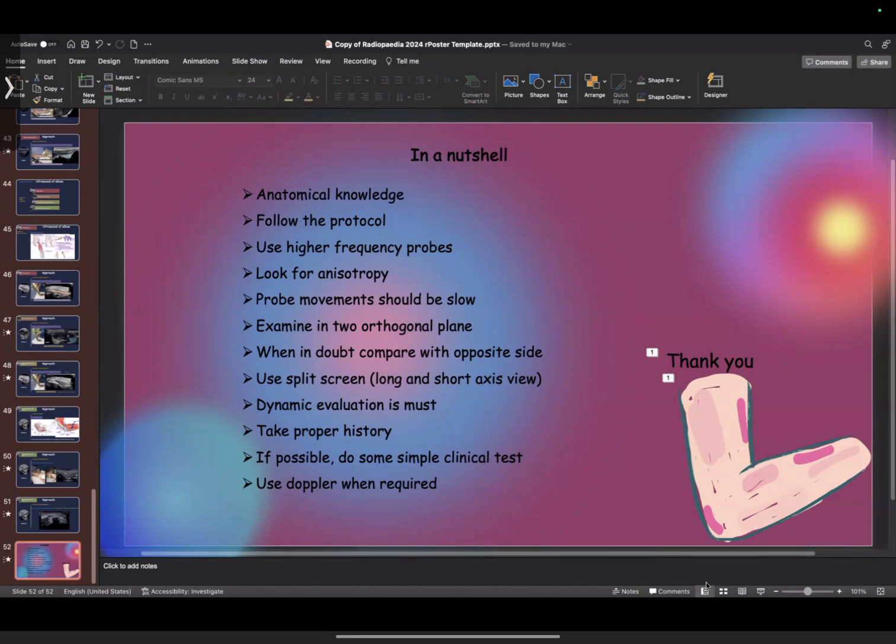Okay, share. Is my screen visible? No, the initial screen, the nutshell, is visible right now.